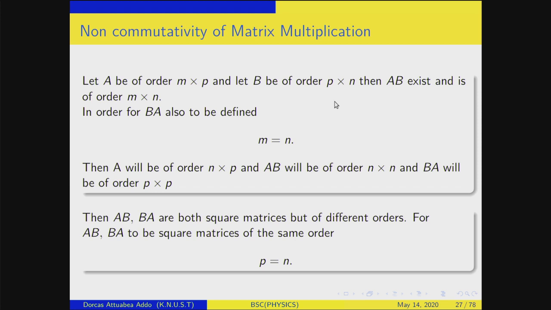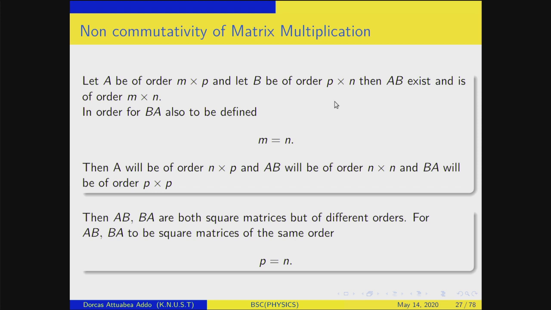So then A is going to be N times P, and AB is going to be N times N, and BA will be of order P times P, because M and N are equal.